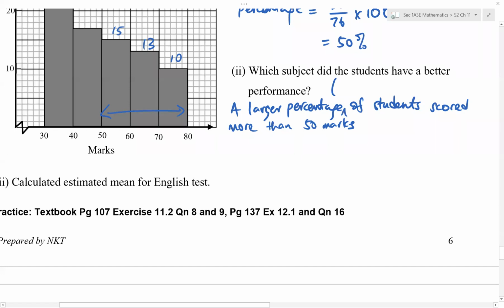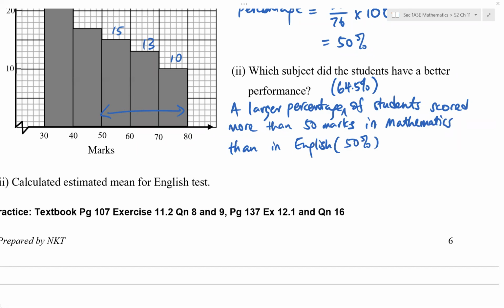Let us indicate how much is that. 64.5% scored more than 50 marks in mathematics. Then in English, which was 50% only. This is one of the evidence that we can state.